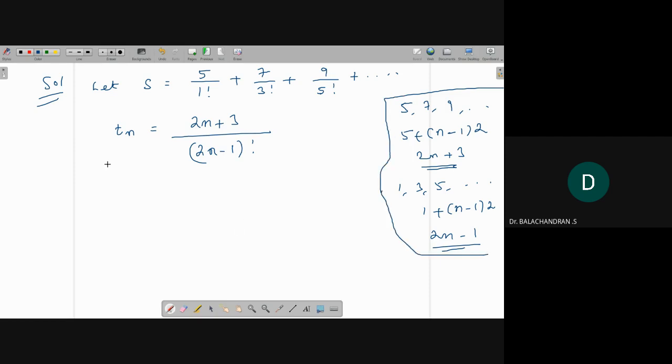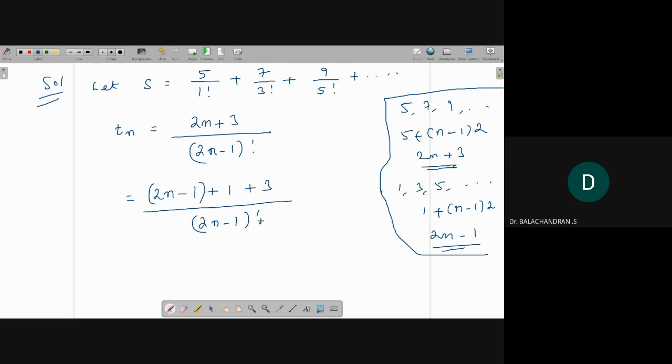So earlier I told you, you should write the numerator in terms of the denominator. So you can write 2n minus 1, and then add 1 and then plus 3, divided by 2n minus 1 factorial.